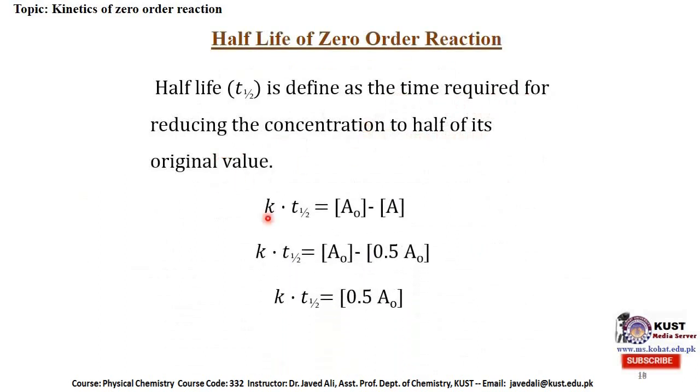We know the integrated equation of zero order kinetics, which is kt equals A naught minus A. So to determine the half-life, we can put A equal to 0.5 A naught, because half-life is the time required for reducing the concentration to half of its value.